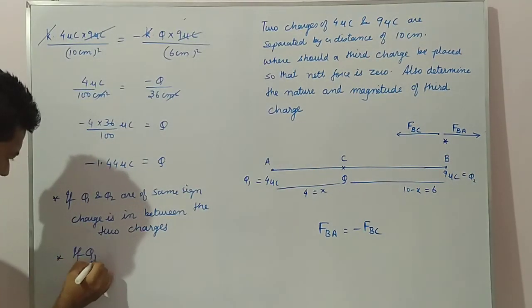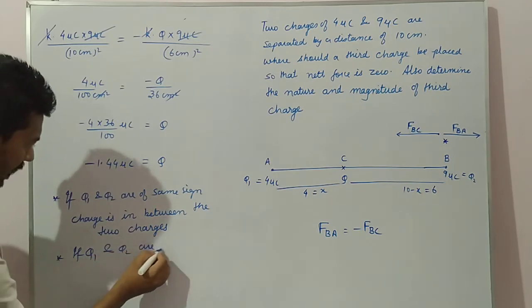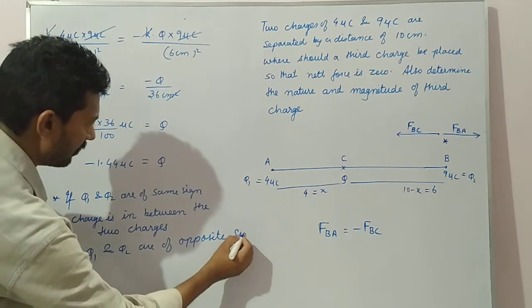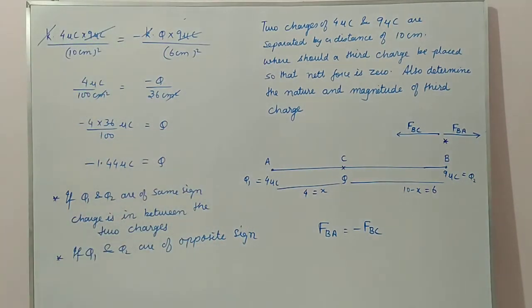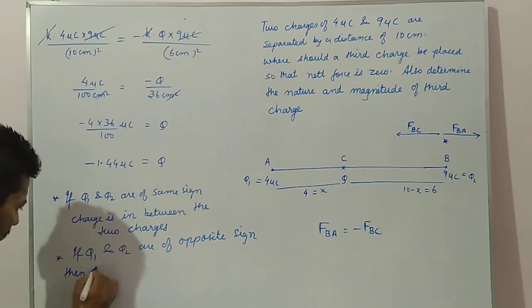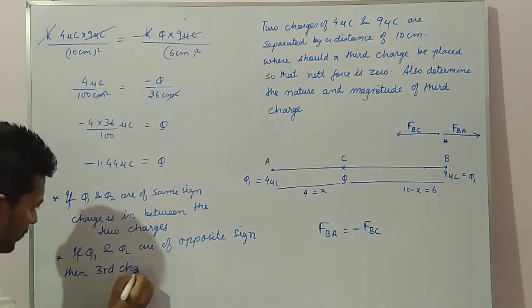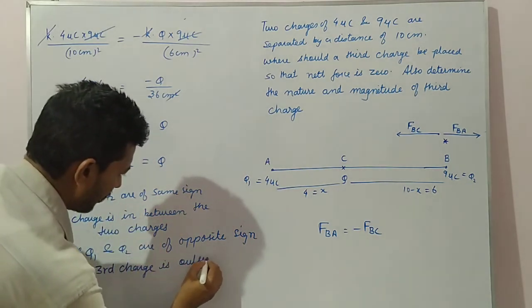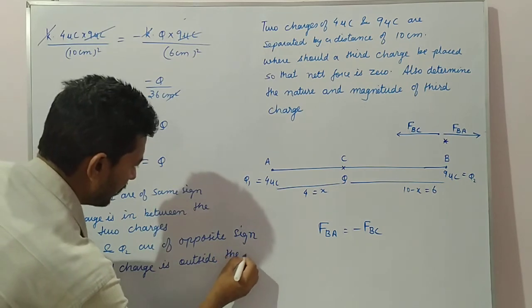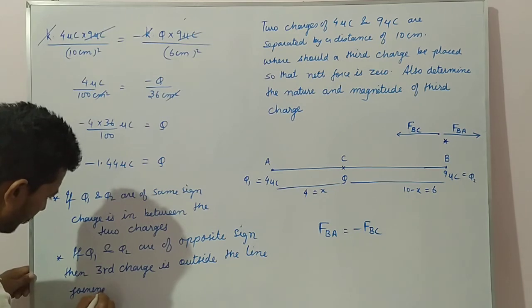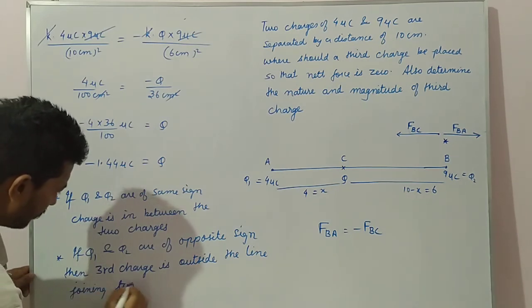If Q1 and Q2 are of opposite sign, then the third charge is outside the line joining the two charges.